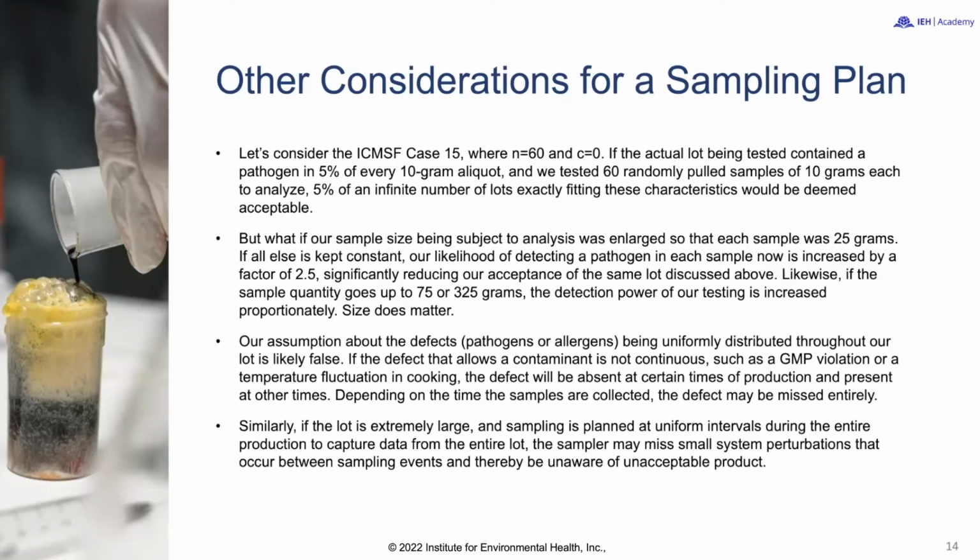The same is true, and in fact, a lot of people now are sampling product samples at 75 or in some cases 325 grams. So it does help under most circumstances to increase sample size. But I think the sample number is the more important number to keep in mind.